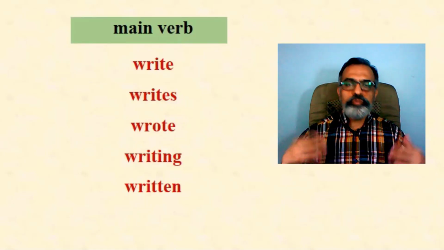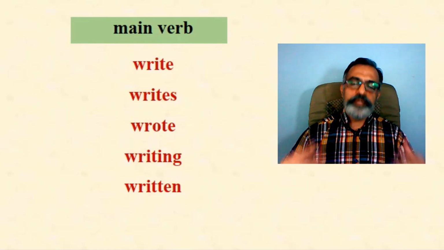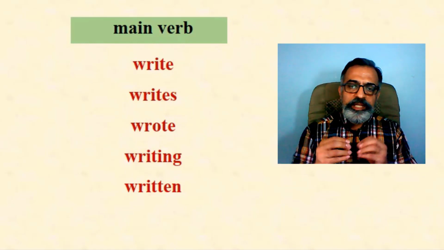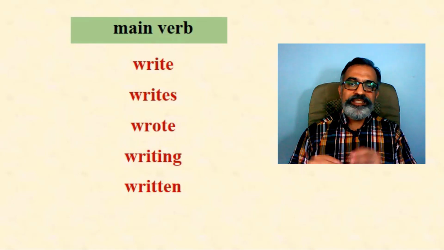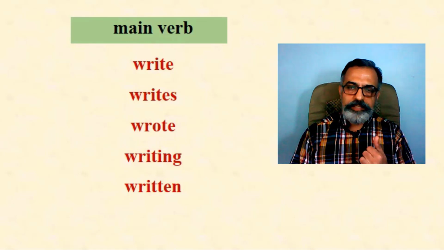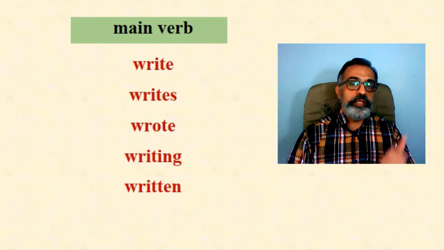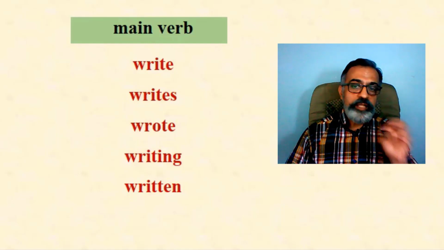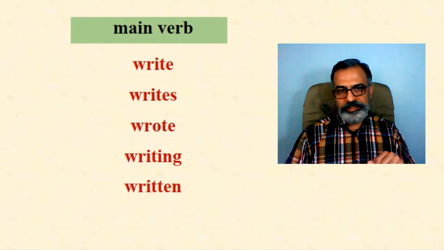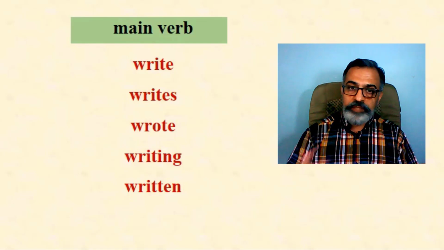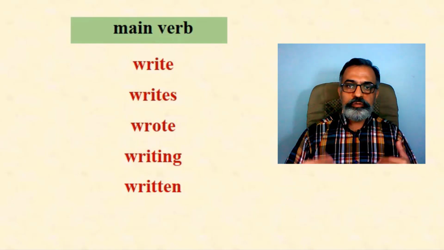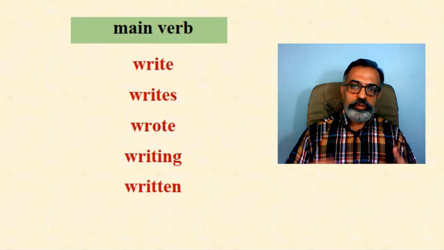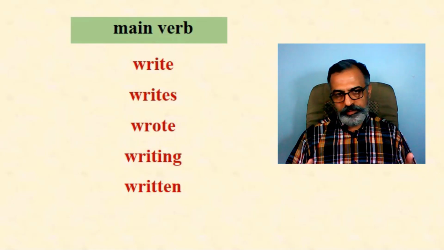Main verbs like go, speak, write, help, need. The form of the main verb depends on the tense, and also it depends on the auxiliary and modal that we are using in our sentence. So it can have one of these forms: write, writes, wrote, writing, or written.